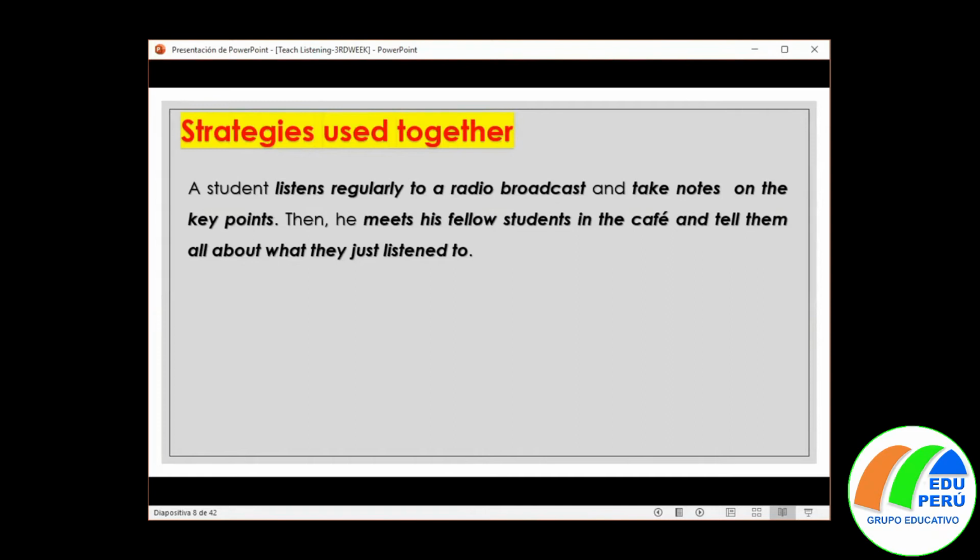Notice these activities here in the box: listens regularly to a radio broadcast, takes notes on the key points, and then he reports. He meets his friends, his classmates in a cafe and tells them all about what he just listened to. Notice we're using here these strategies: cognitive, metacognitive, and social affective.